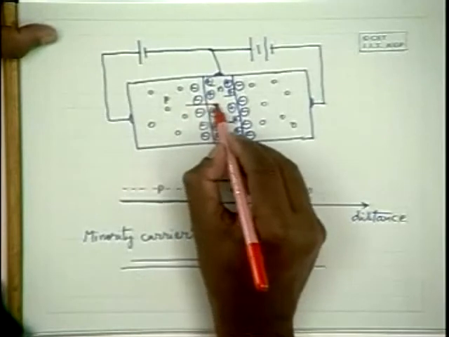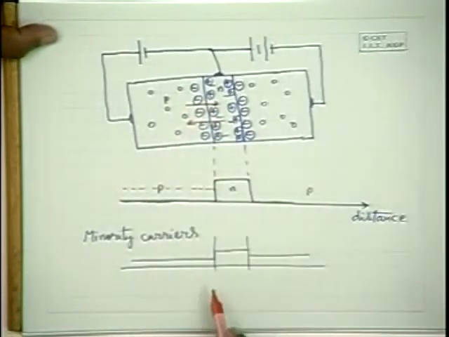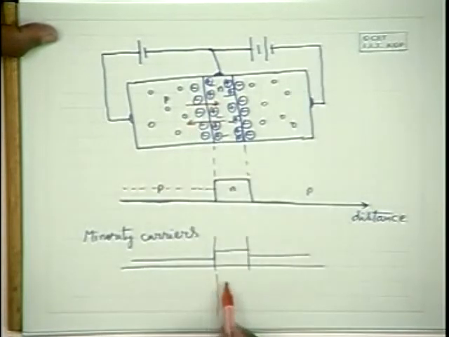Now if you plot the diffusion concentration, this diffusion is very large at this junction, both sides.